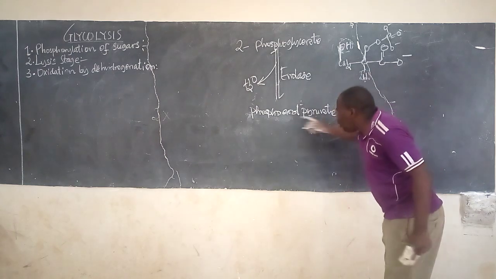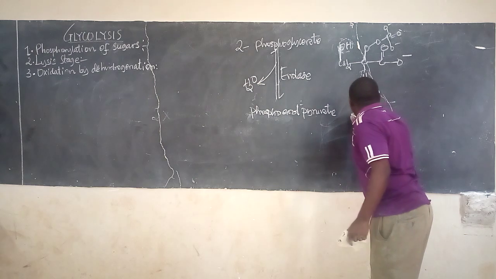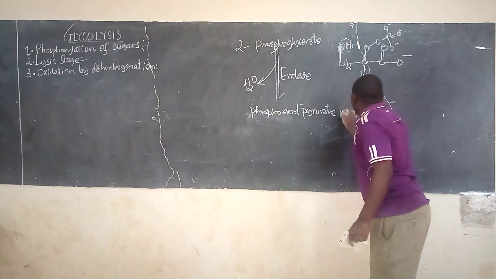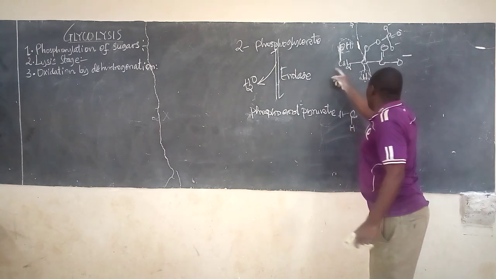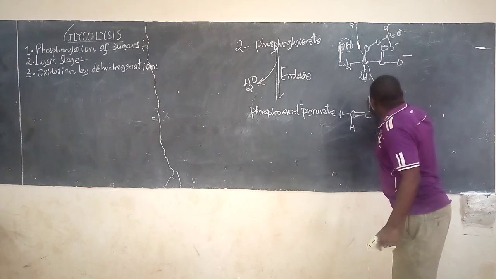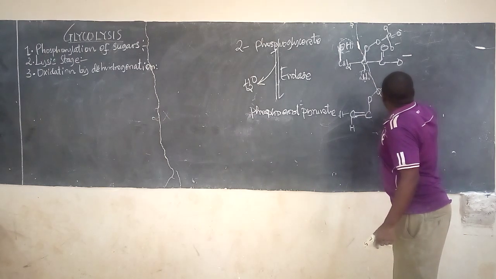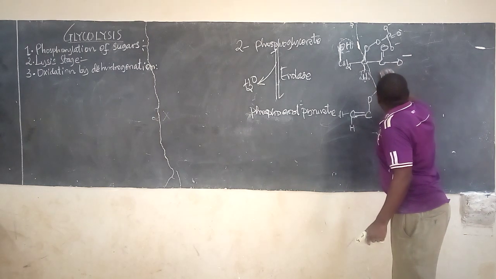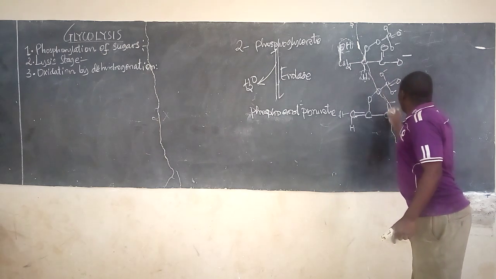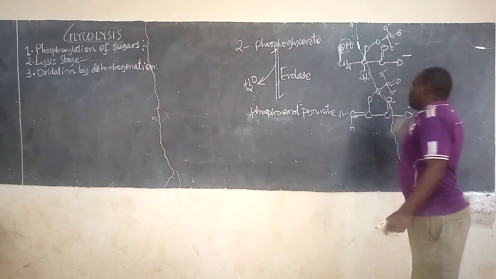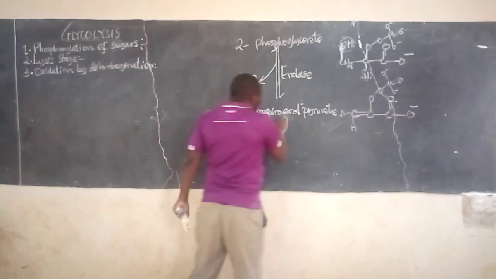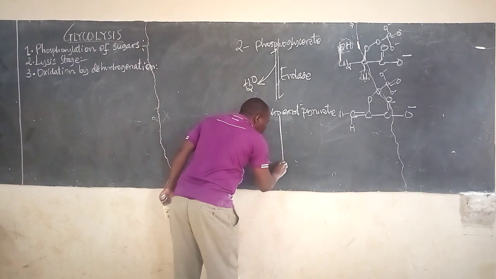The structure of phosphoenolpyruvate is going to be like this: CH2, these two hydrogens, one here, double bond here. As usual, oxygen, phosphate double bond, oxygen negative, plus water.